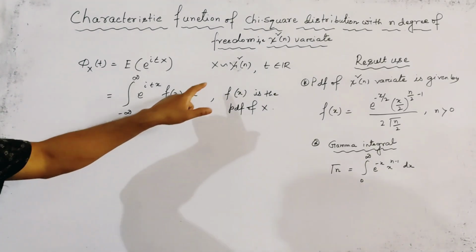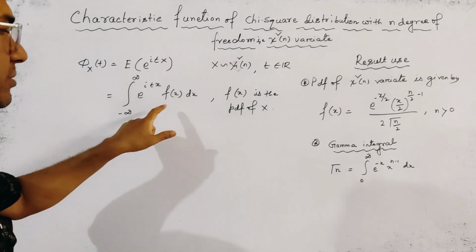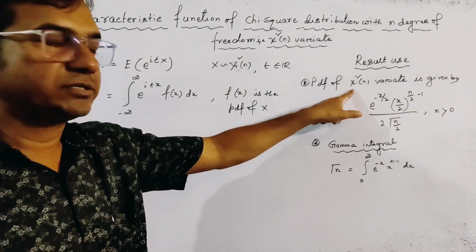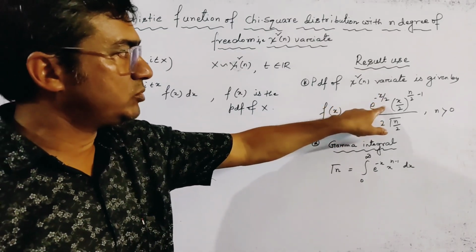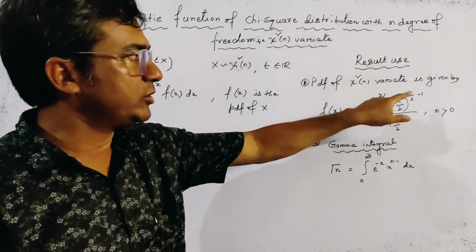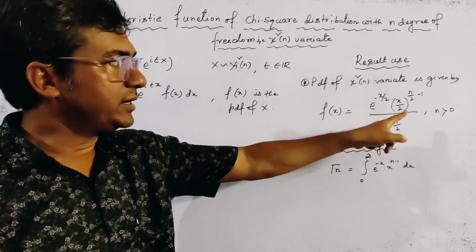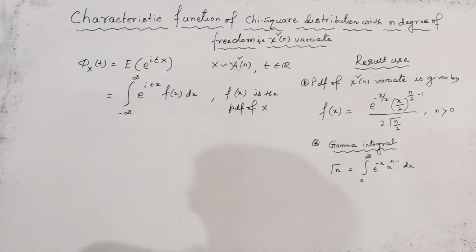Now here it is given that x is a chi-square n variate. So the PDF, which we already wrote, is f x equal to e to the power minus x by 2 into x by 2 to the power n by 2 minus 1, divided by 2 into gamma n by 2, for n greater than 0. It was discussed in the previous class of this playlist.